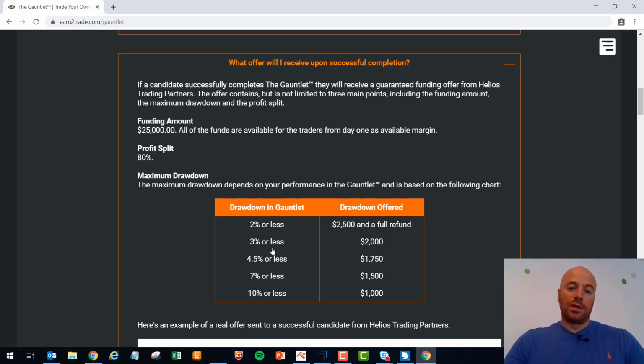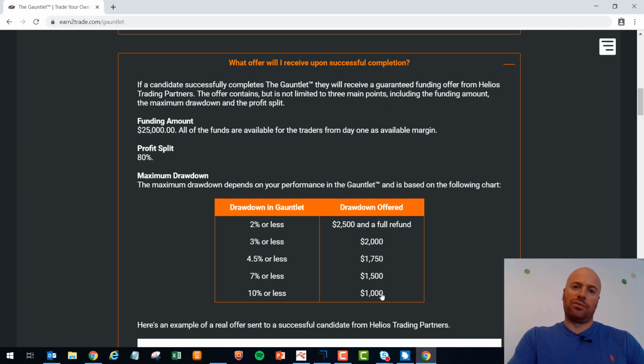That's pretty difficult. So more likely we're going to fall somewhere down here. And as you see, the more you draw down, the lower this becomes. And really around the 7%, 10% mark, they're not offering a particularly large drawdown, considering the cost of the program, which we'll look at in a minute.